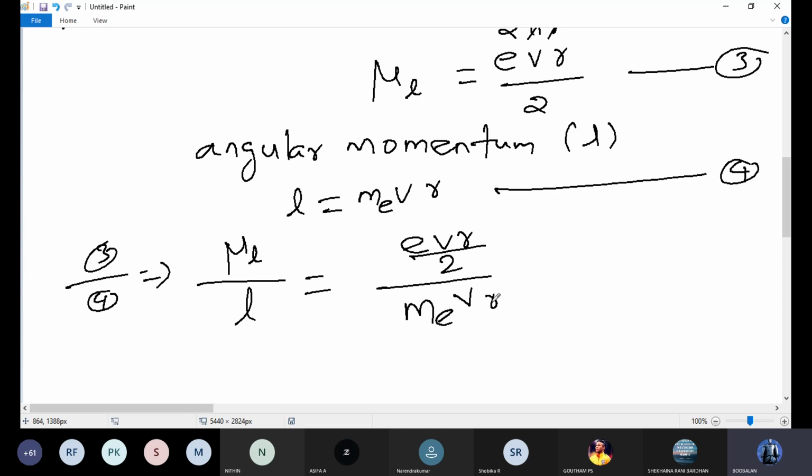So r and r cancel, and v and v also cancel. That 2 will come down. Finally, you will get e divided by 2 m e. This is equation number 5.